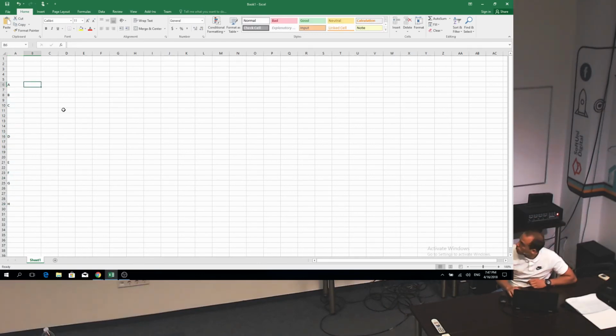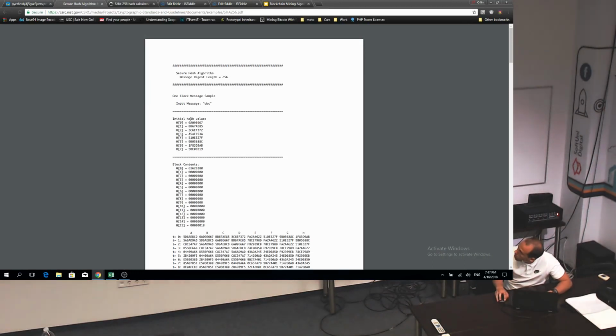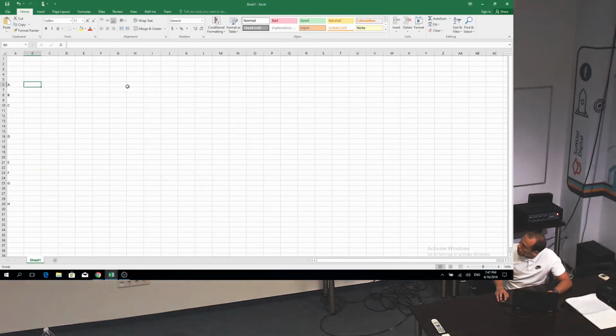Okay, now I'm going to write the values that we have here. It's 6A09E667.